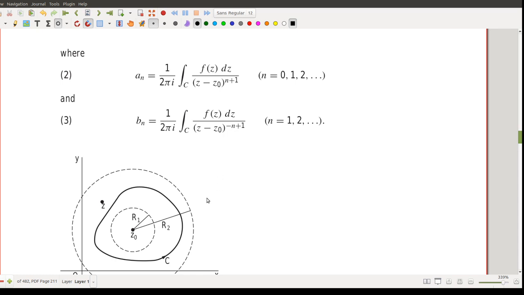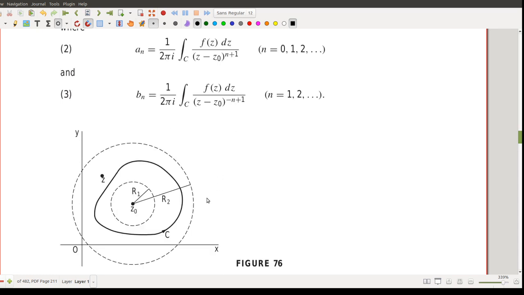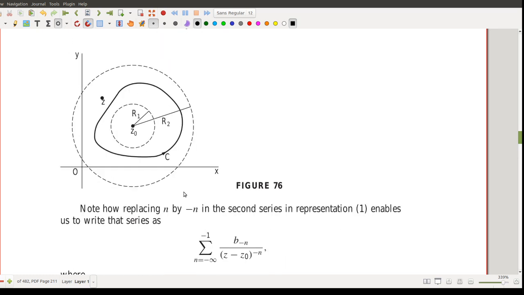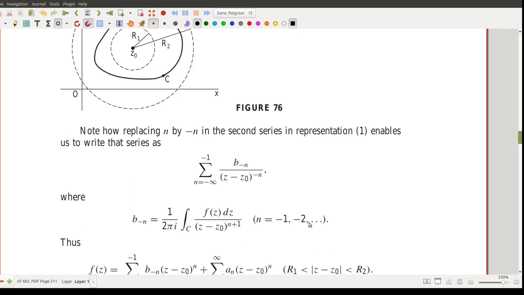So in this case, we use the expansion of a function that is not analytic at z = z0, if it is analytic inside an annular region, or if we remove a neighborhood containing z0 and the function is analytic everywhere else. Then we can use this formula.